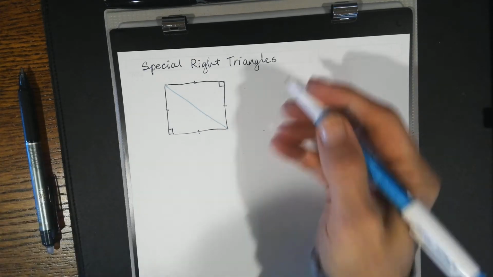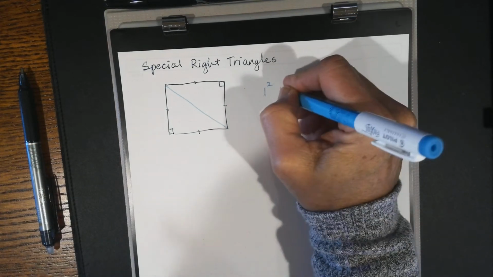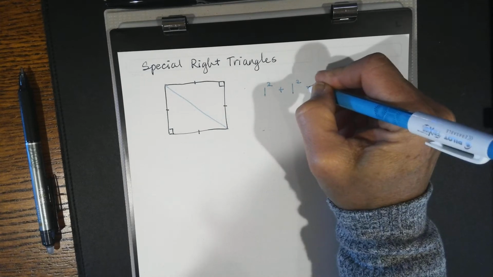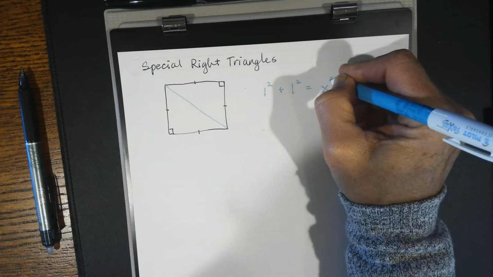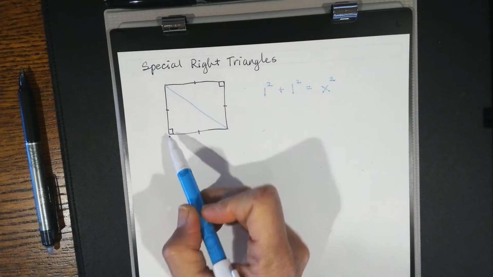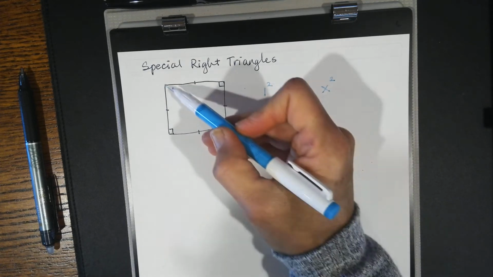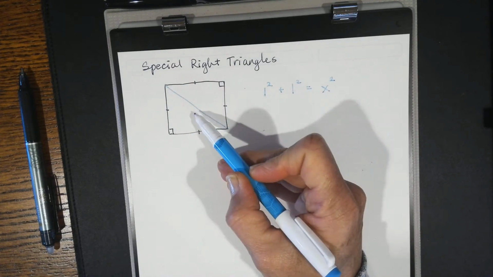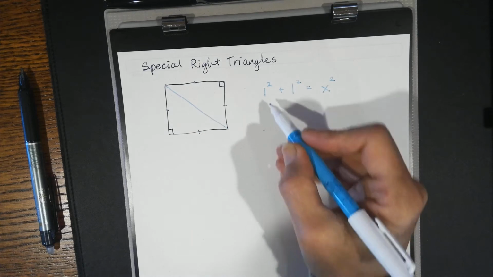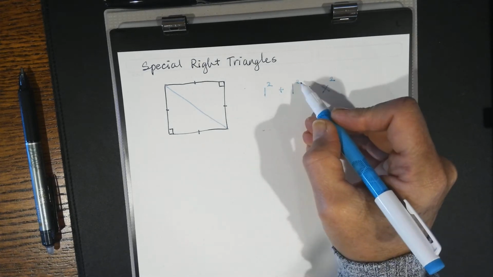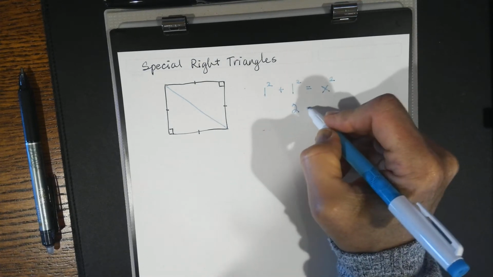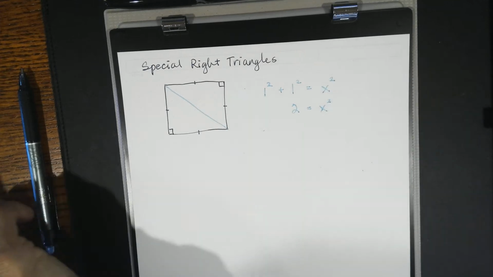Since we did the Pythagorean Theorem yesterday, I know it would be 1 squared plus 1 squared equals x squared, because that's my hypotenuse. So this gives me 1, and this gives me 1. So 2 equals x squared.